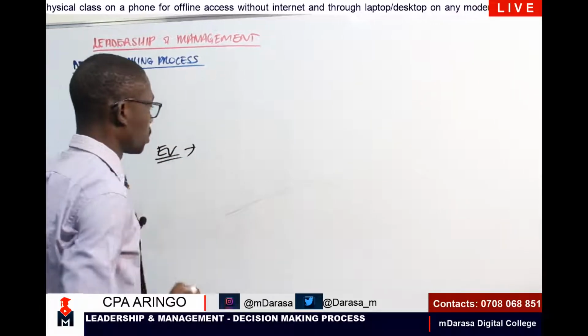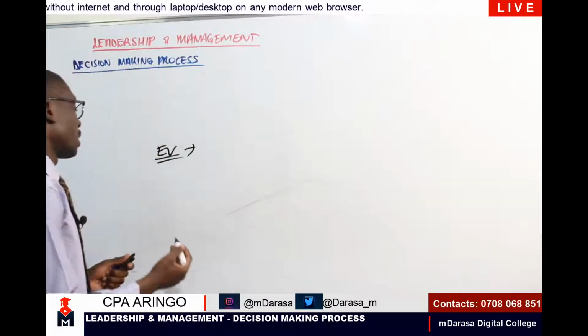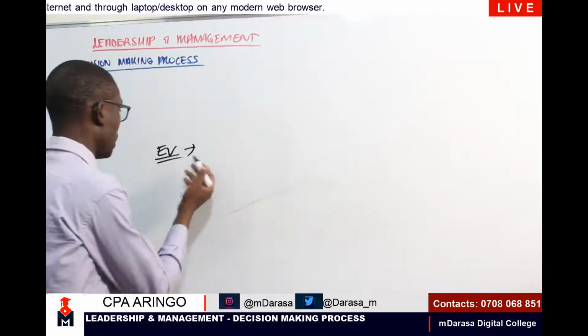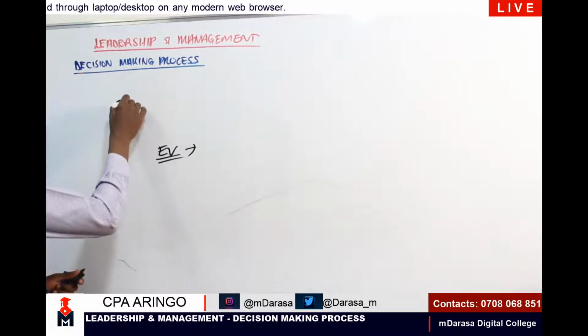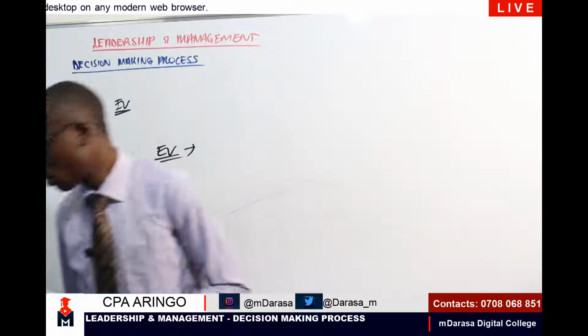So at this point, the first step is to identify the decision. You want to purchase an EV. In purchasing this EV, that is the first decision that you're going to make.